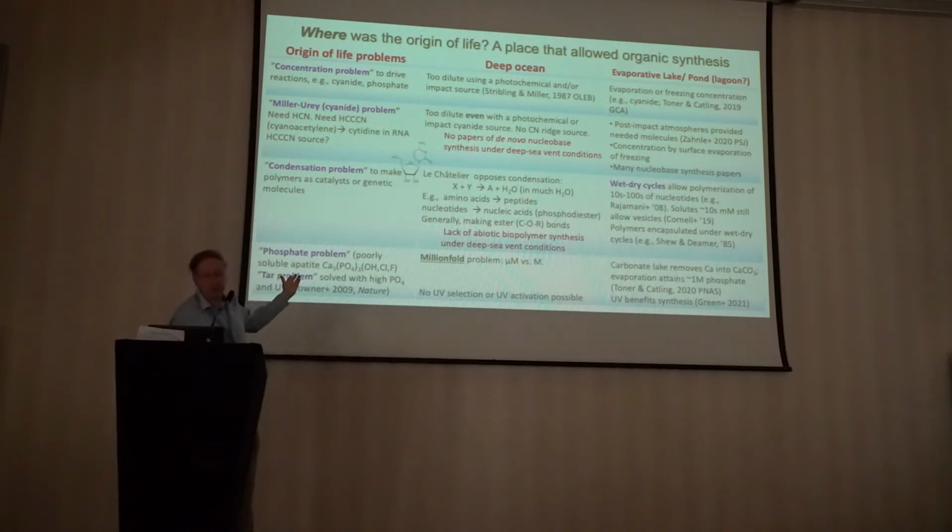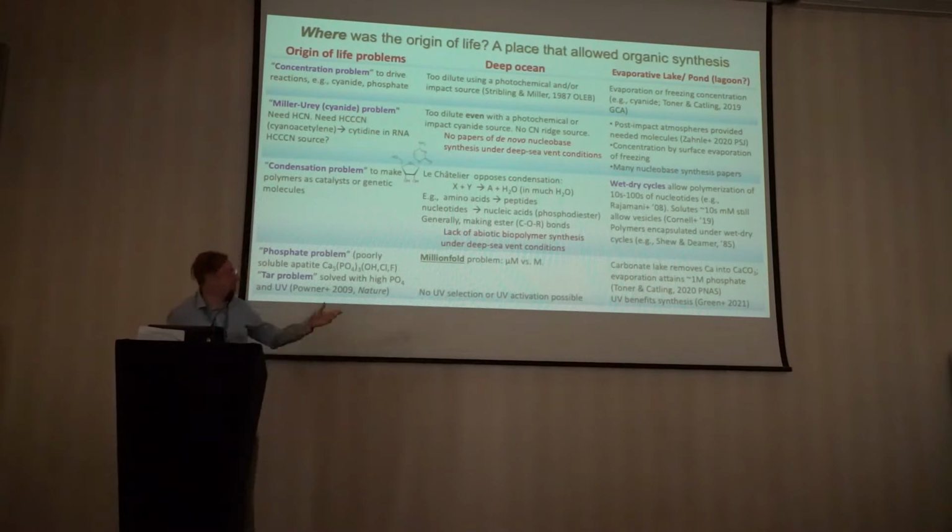There's a phosphate problem. In most natural waters, phosphate is at a very low concentration, such as micromoles, but lab experiments frequently use molar concentrations, or at least tens, hundreds of millimolars. That's because phosphate forms an insoluble mineral, apatite, calcium phosphate.